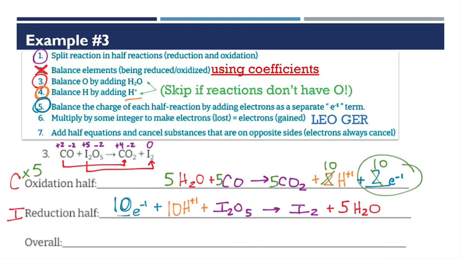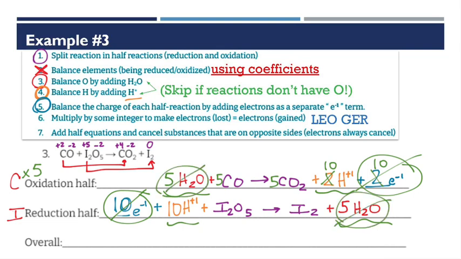And as always, those 10 electrons are going to cancel out with these 10 electrons on the opposite side. But because of how we did this, and we added some waters and H pluses to each of these reactions, notice how they're also equal on opposite sides as well. So those H pluses and H2Os actually cancel each other out completely.